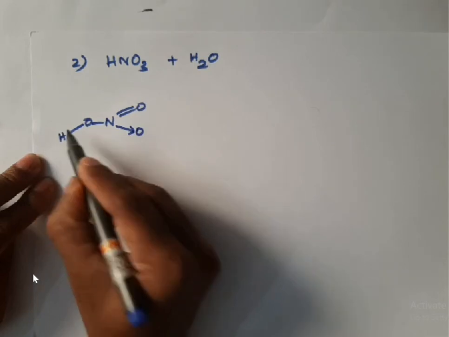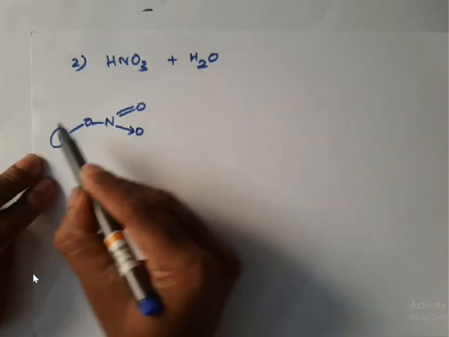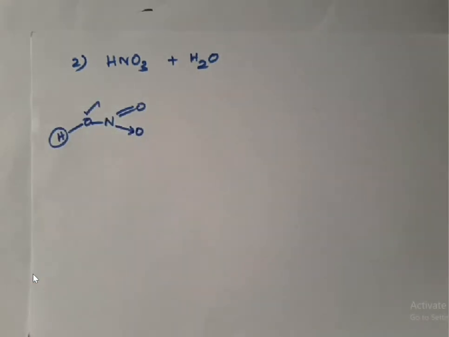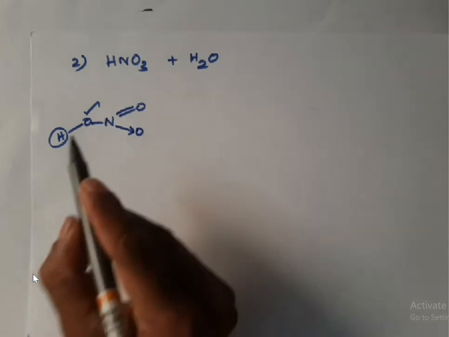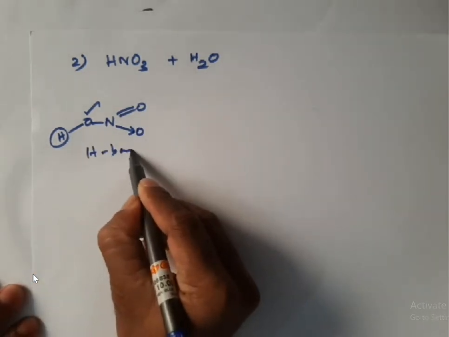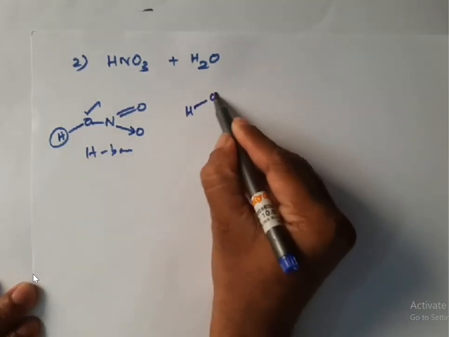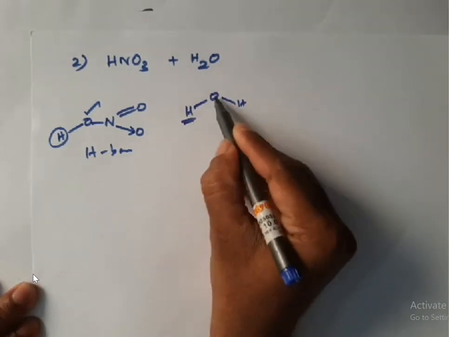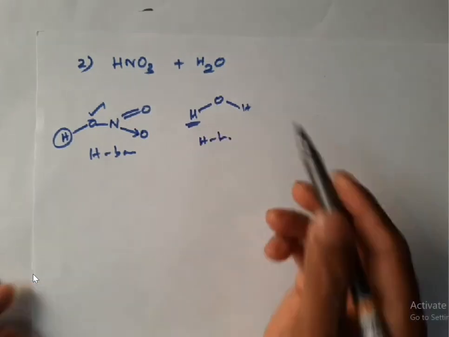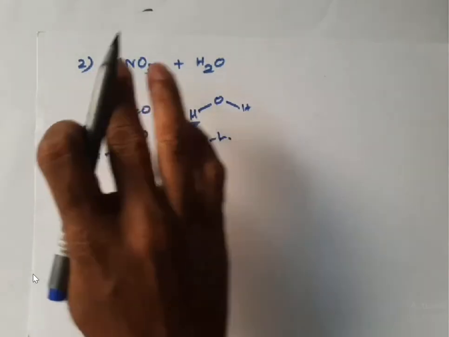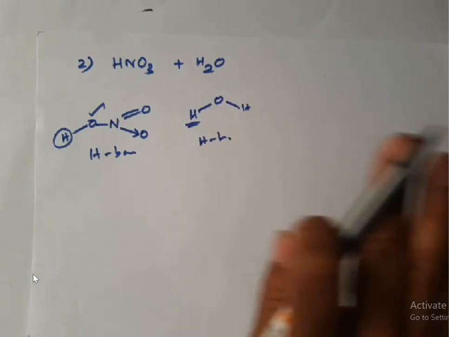Students, here see, hydrogen is directly attached to which atom? Oxygen. Will it show hydrogen bonding? Yes. So here you will get hydrogen bonding. What about in water? Yes, here also you will get hydrogen bonding. So nitric acid and water both show hydrogen bonding separately.